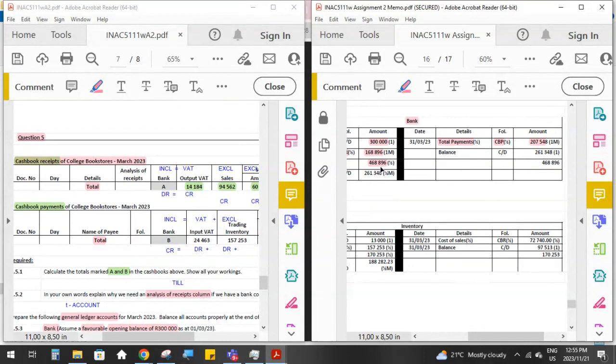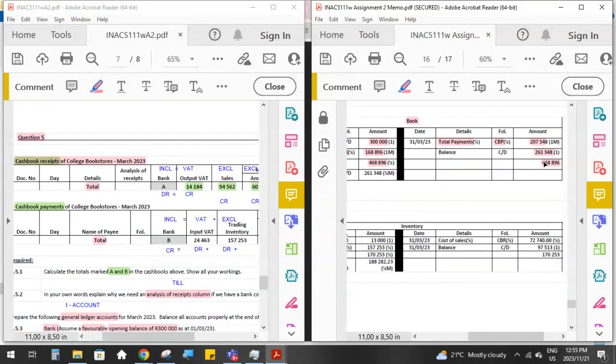So because 468,896 is the bigger amount, we write that amount down on the left-hand side and on the right-hand side, leaving a space between that amount and the total for us to then work out what the difference is between the total debits and the total credits. So it's total debits 468,896 minus total credits 207,548 equals the balance left in my bank account.